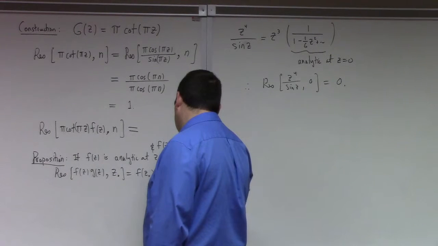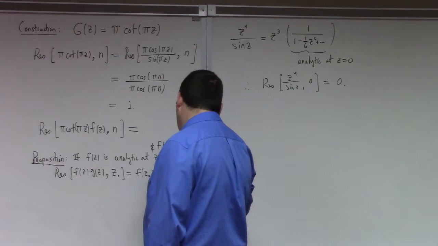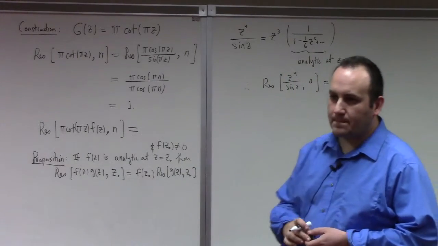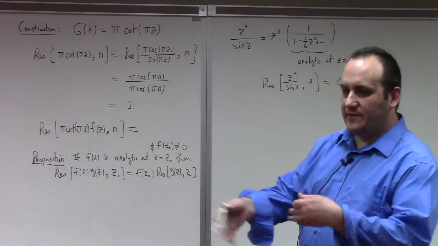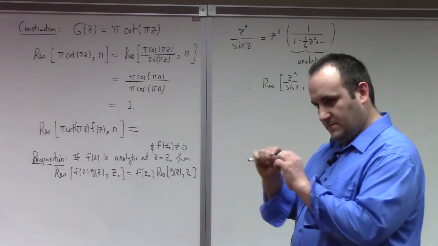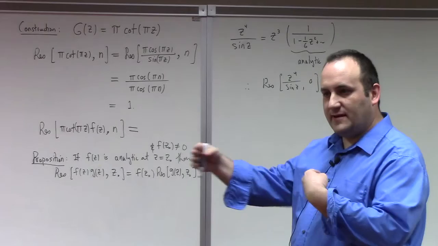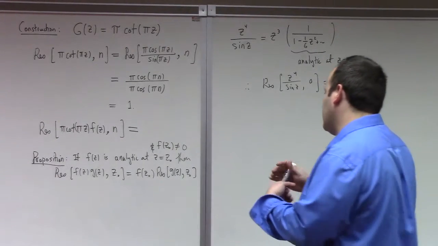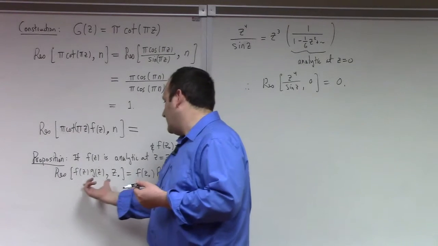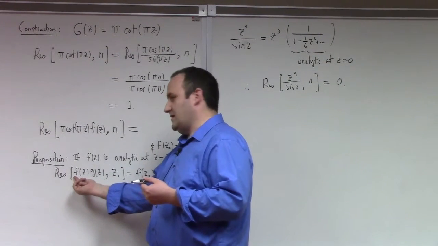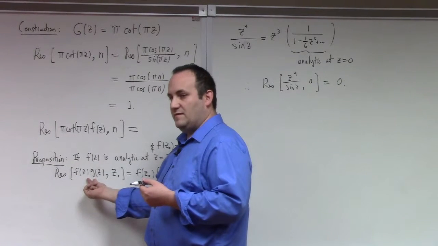Why is that? How did we calculate residue? Residue comes from looking at the coefficient of the reciprocal term in the Laurent expansion for the function. So the Laurent expansion for f of z times g of z would be the Laurent expansion for f times the Laurent expansion for g at z naught.